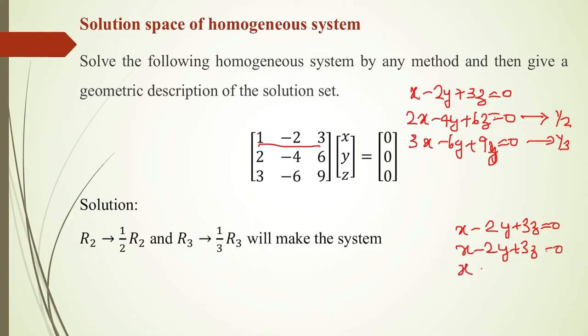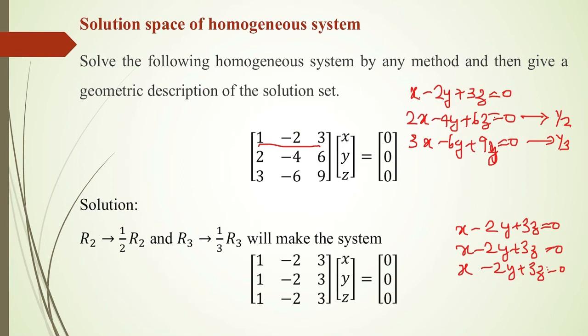Then again I have x minus 2y plus 3z equal to 0. All the equations are same now. So equivalently in the matrix form I will multiply the second row with 1 by 2 and I will multiply the third row with 1 by 3.